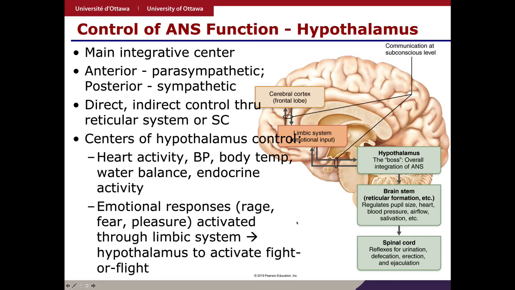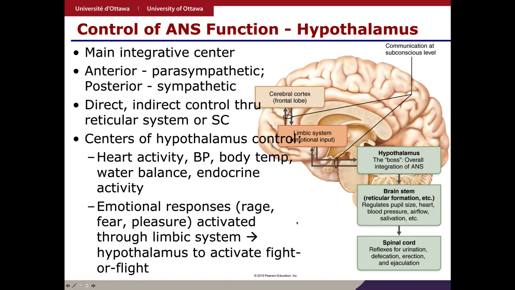Hypothalamic centers exert their effects both directly and indirectly via relays through the reticular formation, which in turn influences the preganglionic motor neurons in the brainstem and spinal cord. The hypothalamus, acting through the ANS, coordinates heart activity, blood pressure, body temperature, water balance, and endocrine activity.